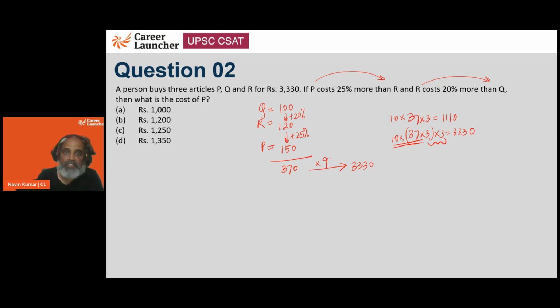If the sum is going to be multiplied by 9, that means each value of P, Q, R should also get multiplied by 9. Since we are asked the value of P, it's going to be 150 into 9. Now 150 into 9 is the same as 15 into 9, which is 135, along with a 0. So D becomes our answer.